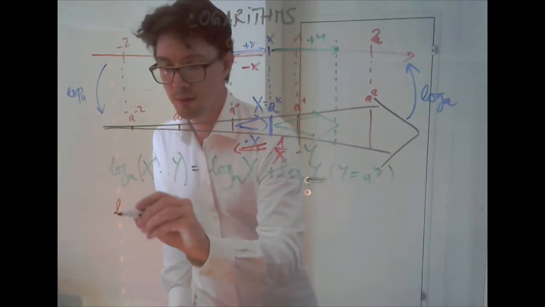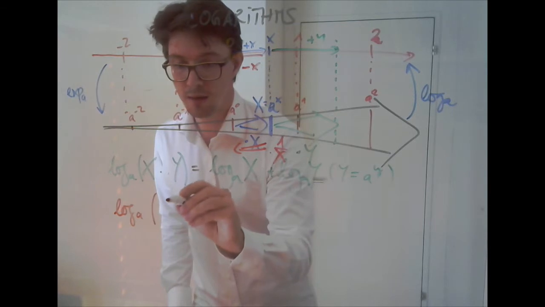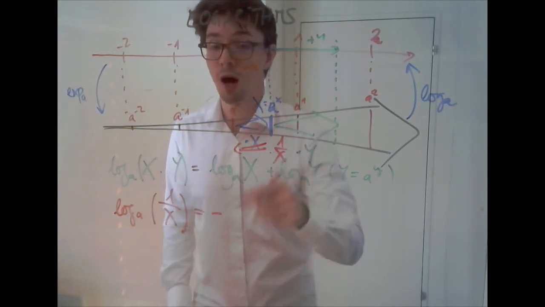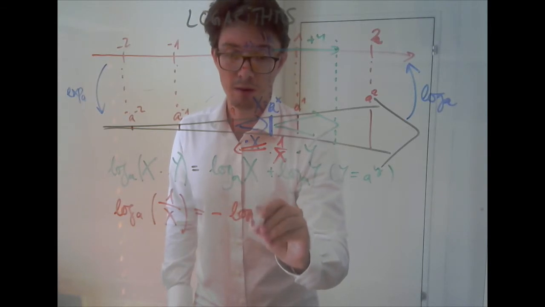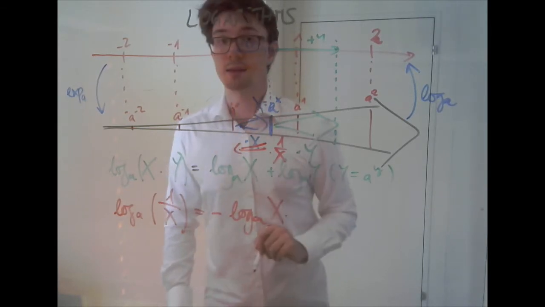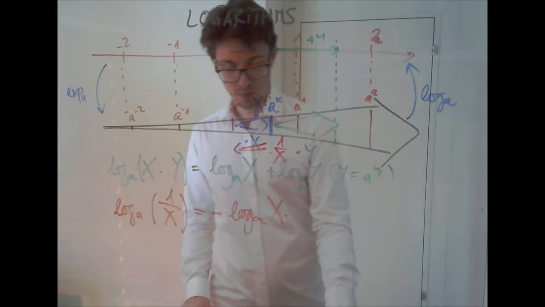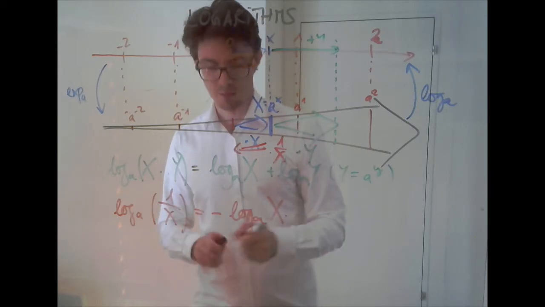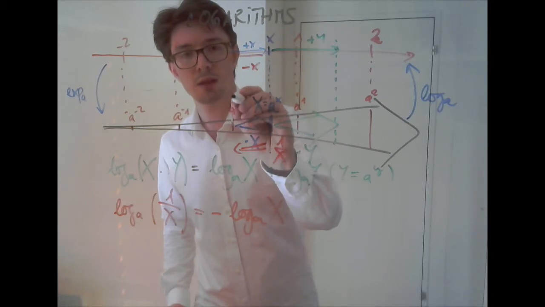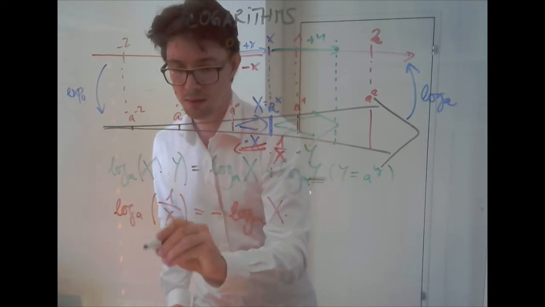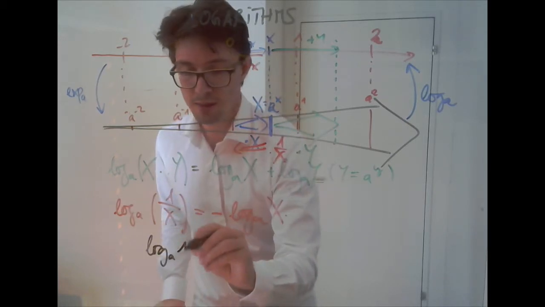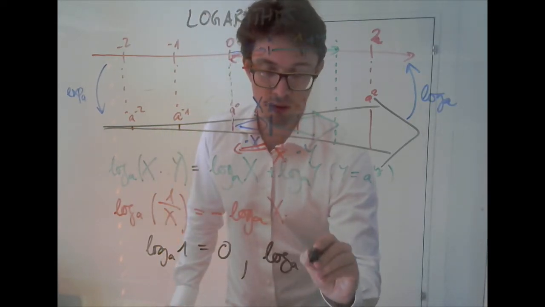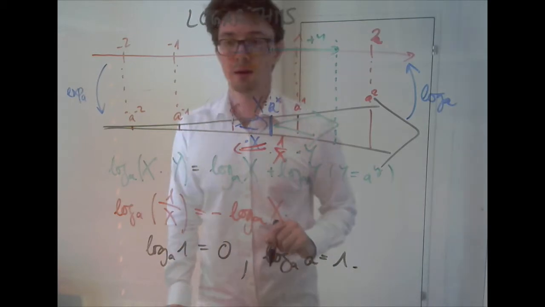That is, the logarithm base a of the inverse of uppercase X is just the opposite of the logarithm of X itself. One thing that is maybe completely obvious at this point is that the logarithm to base a of 1 is 0, and for good measure let's also add log base a of a is 1.